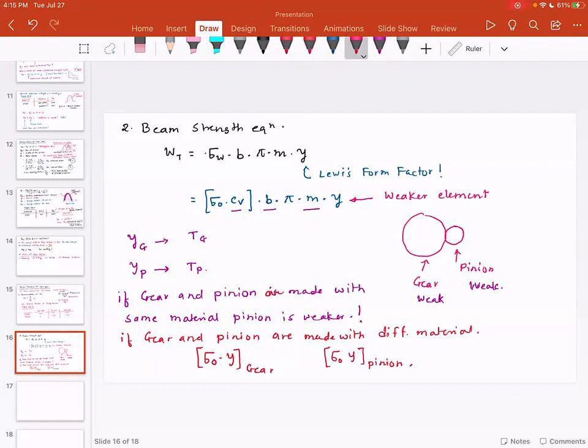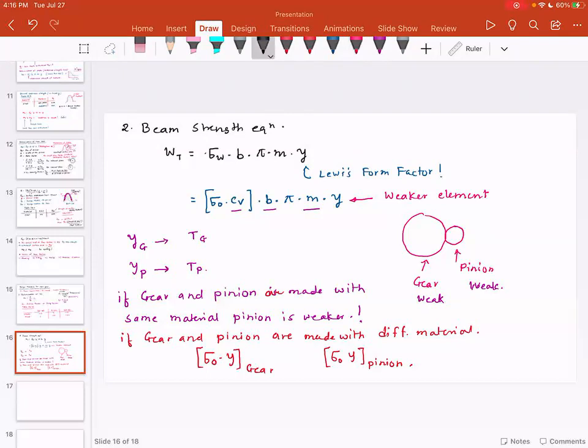Out of these two, we need to compare whether the pinion is weak or the gear is weak. So the step here, before we proceed further, is to find this product. Many a times we notice that the pinion is weaker.